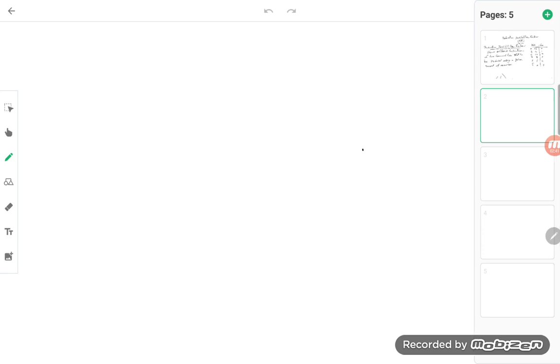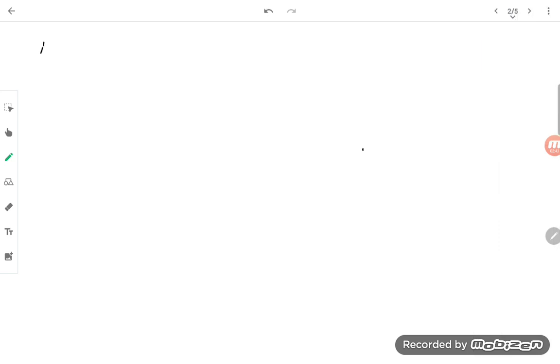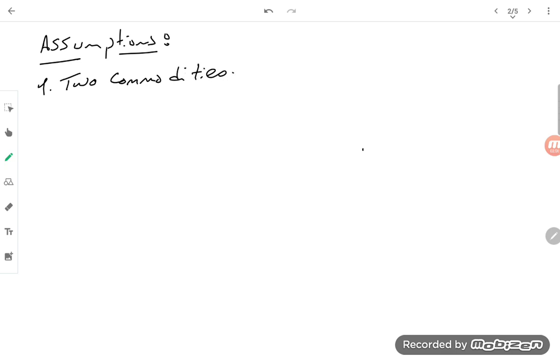PPF has a number of assumptions. Number one, that we are going to produce two commodities, just two commodities.